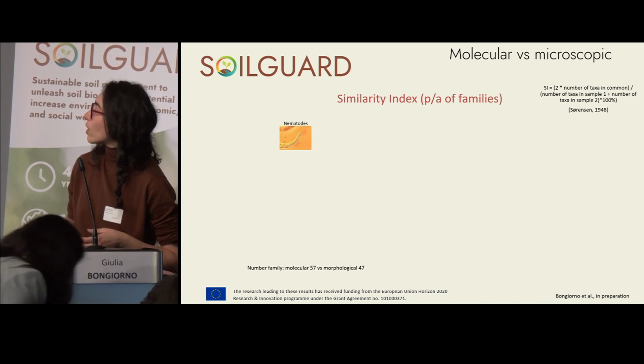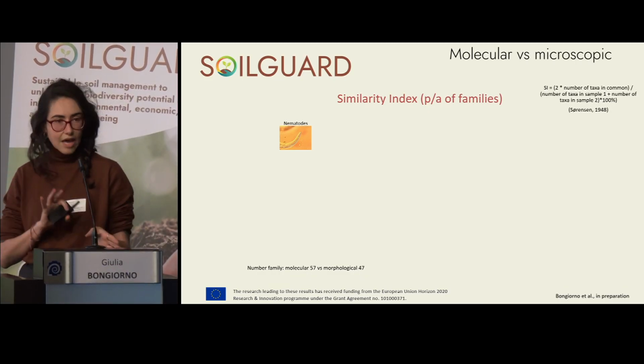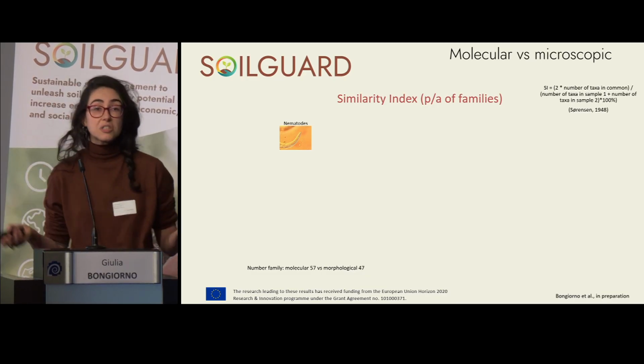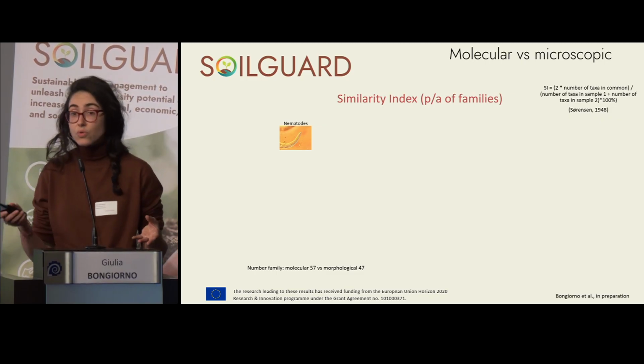For the nematodes, in terms of number of families, we found 57 families with the molecular method and 47 with the morphological. So that's not so much difference in the number of families found in the samples.